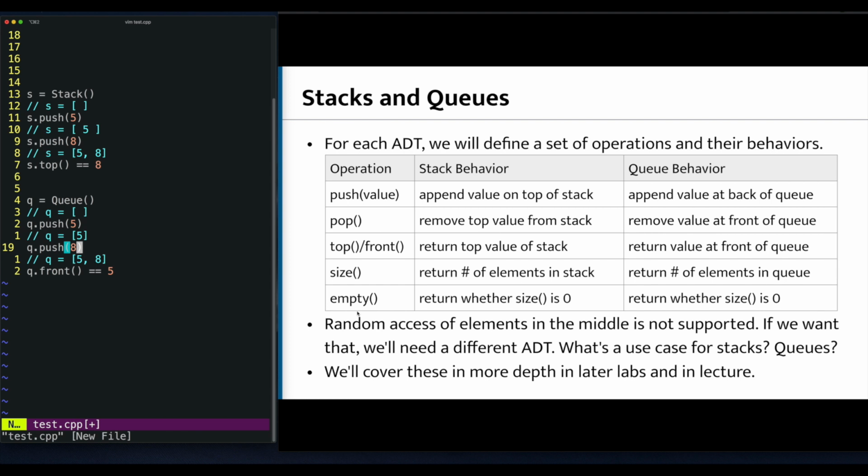Whenever I think of stacks, my first thought is the browser back button is a stack. You want a last in, first out data structure there because you want to go to the most recent page you were at. You don't want to go to the first page you went to in this browsing session. For a queue, say you're running a ticket selling business online, and you're releasing tickets for a new concert, and people are going on your website to buy the tickets.